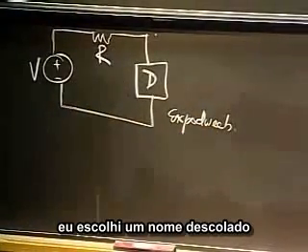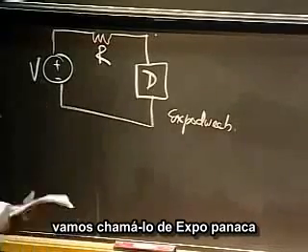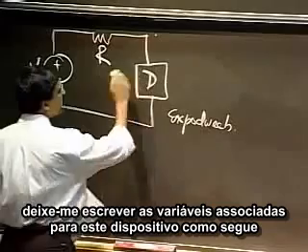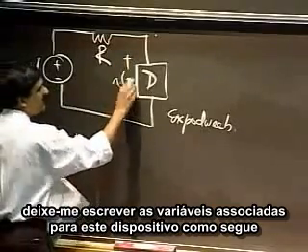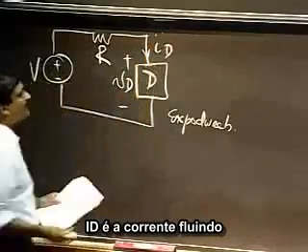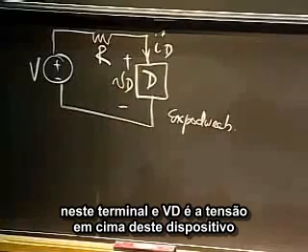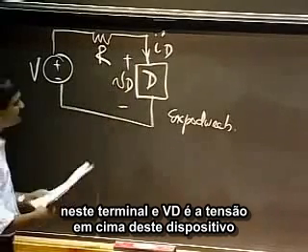I purposely chose a funky name because this is a fictitious device. And let me write down the associated variables for this device as follows. ID is the current flowing into this terminal, and VD is the voltage across this device.